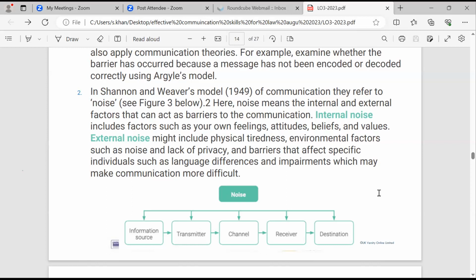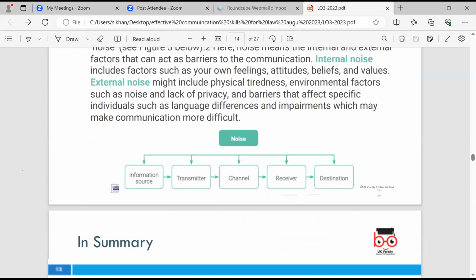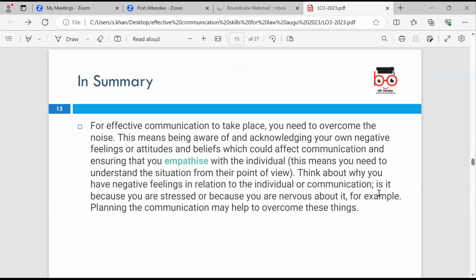And that is the diagram. So you've got the noise, information source, transmitter, channel, receiver, and destination. So in summary, for effective communication to take place, you need to overcome the noise. This means being aware of and acknowledging your own negative feelings, attitudes and beliefs which could affect communication, and ensuring that you empathize with the individual.